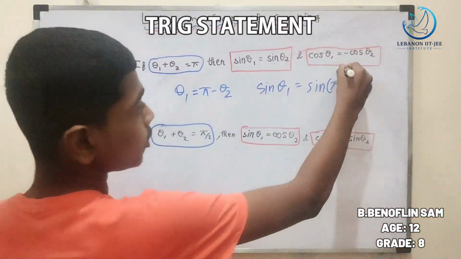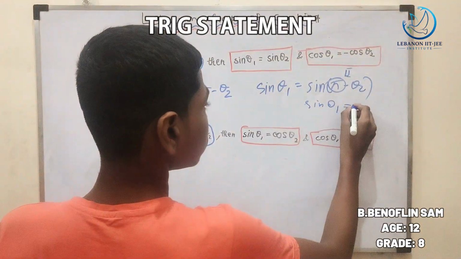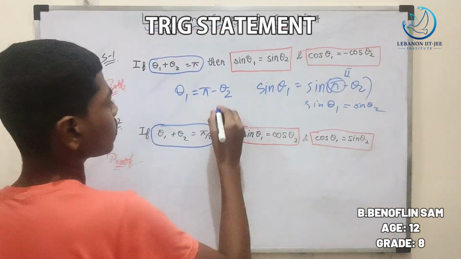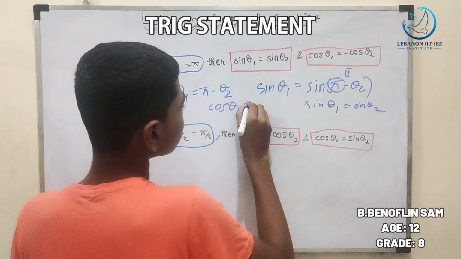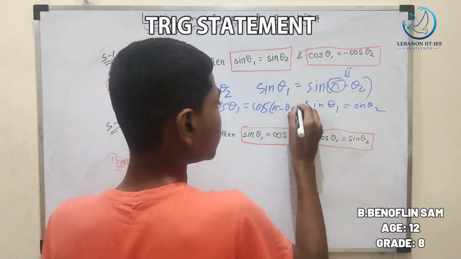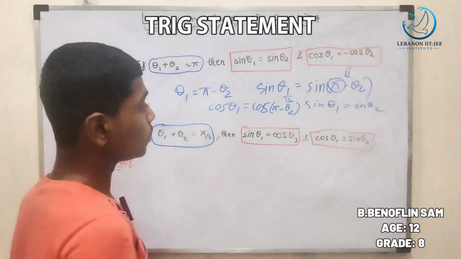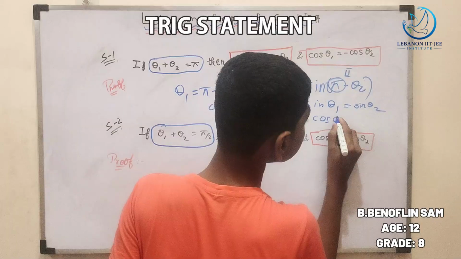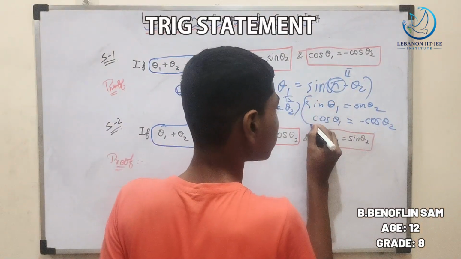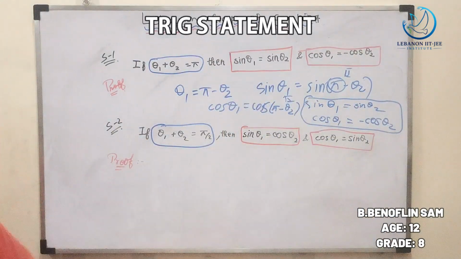This is the second quadrant, so sin theta 1 is equal to sin theta 2. Same for cos theta 1, which is cos of pi minus theta 2. It is the second quadrant but cos is negative, so cos theta 1 is equal to minus cos theta 2. This is how it is solvable.